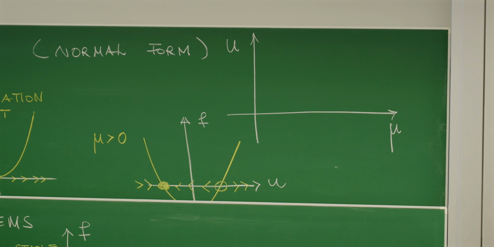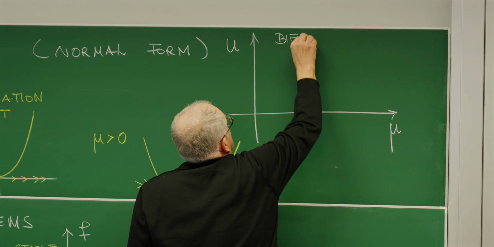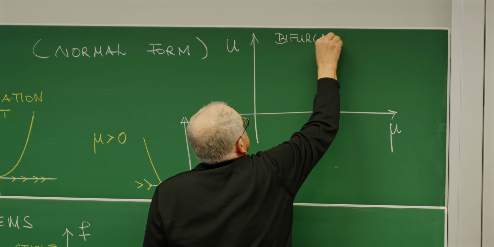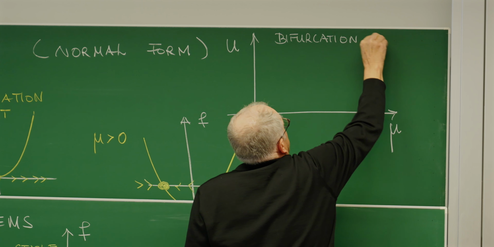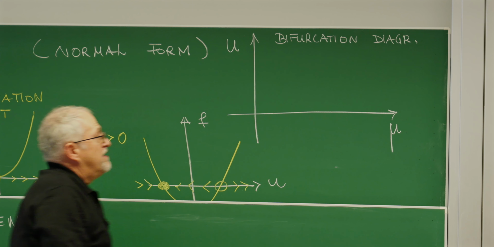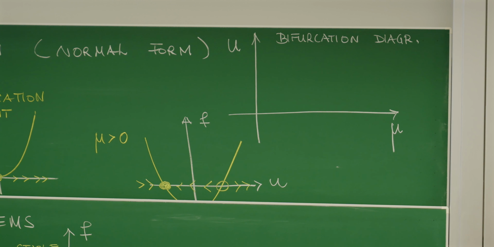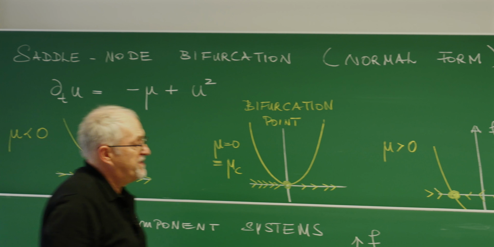And this is what's called a bifurcation diagram, illustrating what is the solution and what's the nature of solution as a function of control parameters.